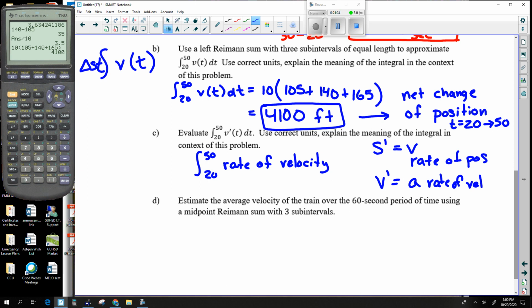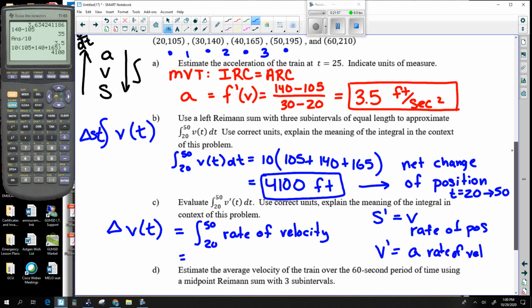So what would that be equal to? A rate of velocity. If I take an integral of a rate, it's the change, in this case velocity. Just like above, it was a change in position. This is a change in velocity. So a change in velocity from 20 to 50.